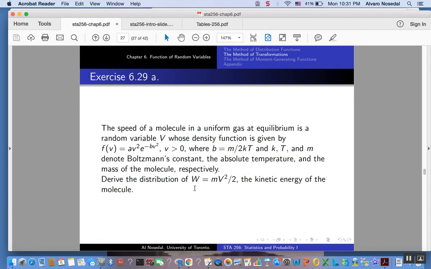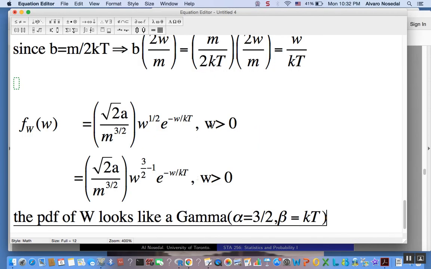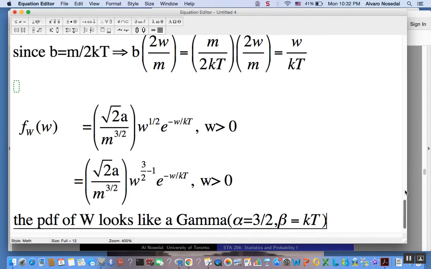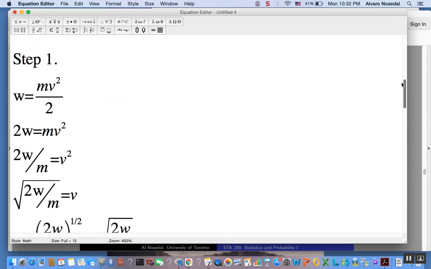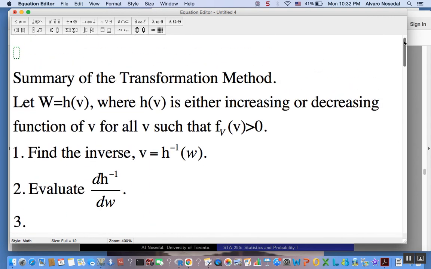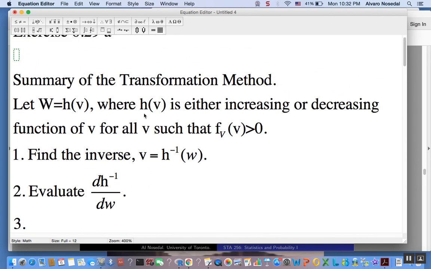Then a function in terms of v is defined, and we would like to know the distribution of that function, of that transformation. Okay, so to find this, what we did is we applied the method of transformations, but we had to be careful in checking that that function, that new random variable w, could be thought of as a function that had an inverse.